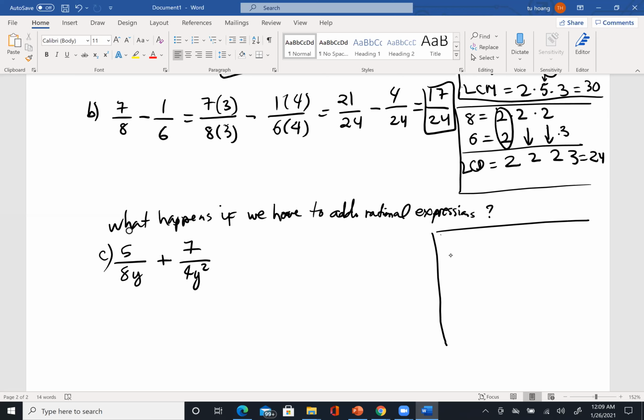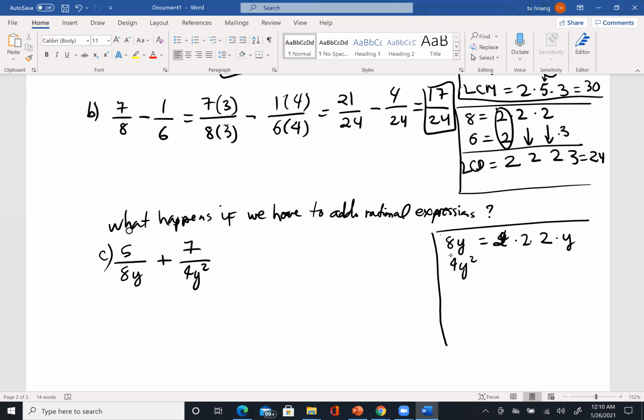So I have the denominator for the first term as 8y, the second one is 4y squared, right? So I have 8y equal to, I can write 4 as 2 times 2. Let's rewrite it, factoring completely, and then times y, so 2 times 2 times 2 times y.